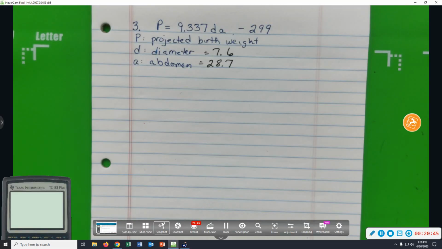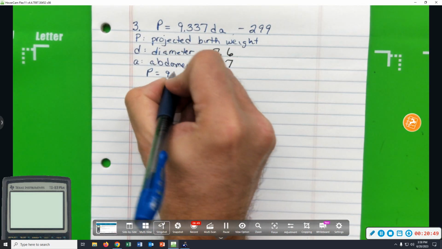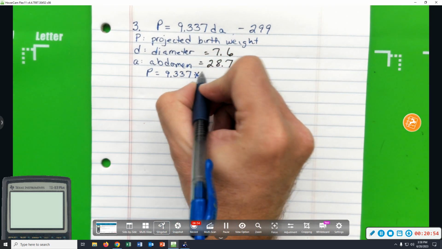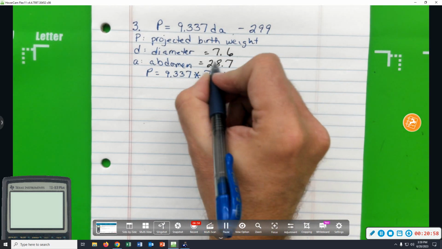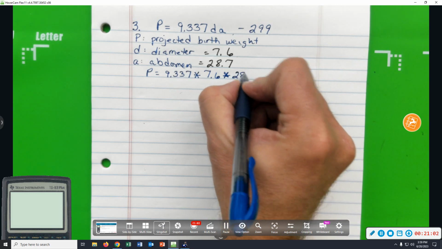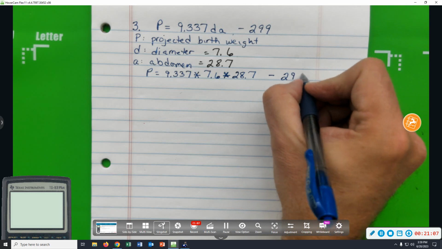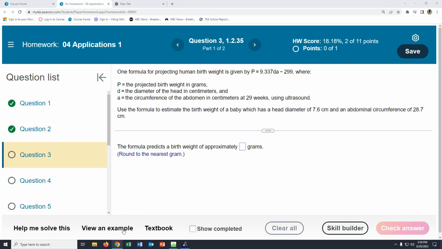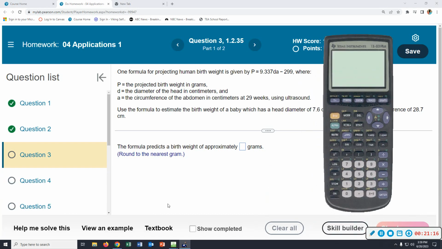So now we're going to plug in P equals 9.337 times D, 7.6, times A, and then minus 299. Let me see. Bring up my calculator.